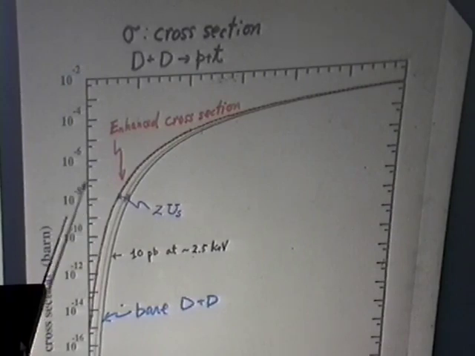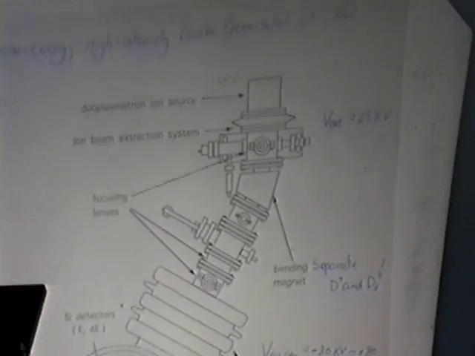For example, for 1 keV, maybe 6 or 8 orders of magnitude. To measure it, we constructed a low energy, high intensity beam generator at our laboratory.